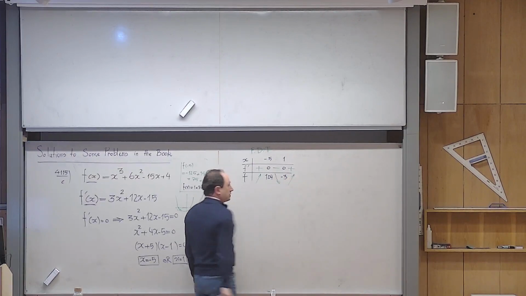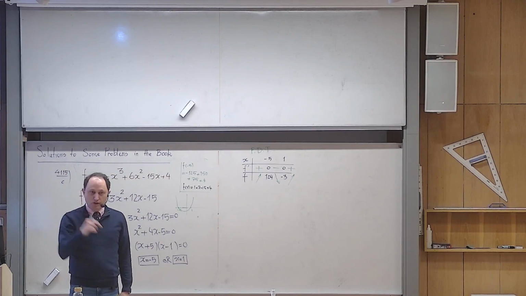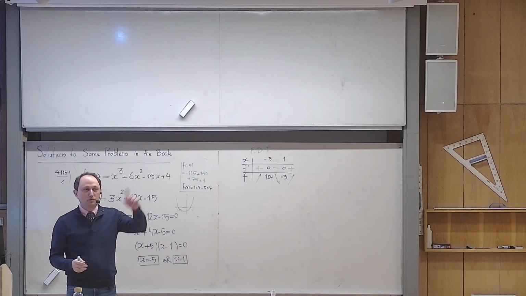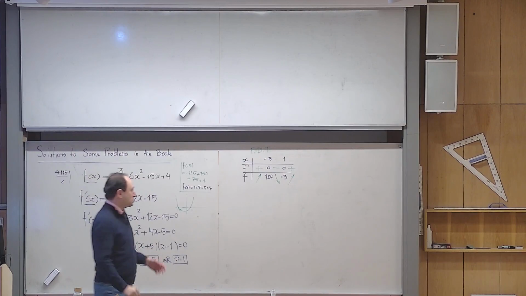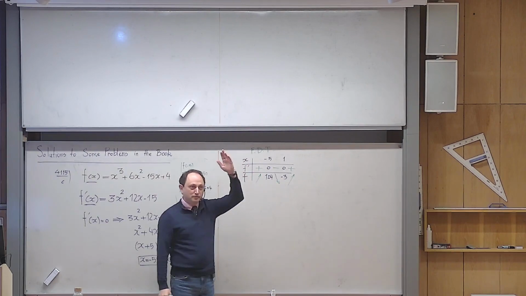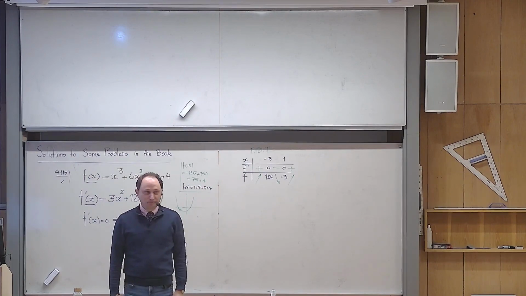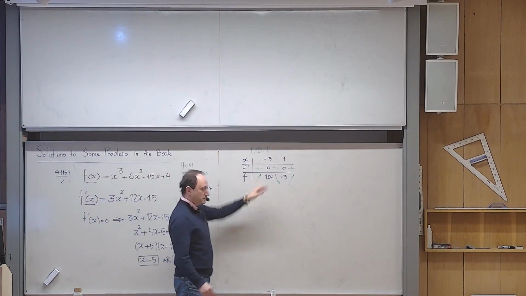This is increasing. By the way, I can also teach you a cheating way, which I don't like, because at this level it always works, because you're always working with continuous functions. So it is clear that when I am up there, and then I reach -3, there is no way for me to go up. So I have to go down. Is that understandable? So I am at -4.